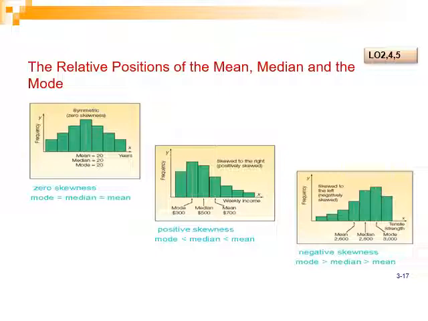If we calculate the mean and find it equals 20, the mode equals 20, and the median equals 20, the data has this curve. It has zero skewness because it is not skewed to the left or to the right. So the mode equals the mean equals the median.